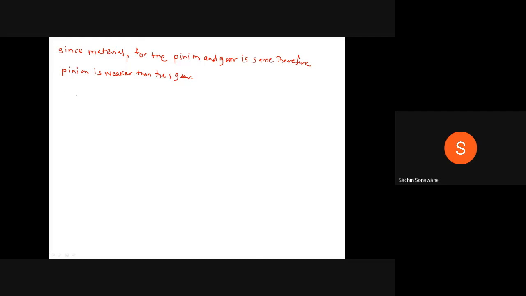Therefore, write down step 1, beam strength. Therefore, write down the equation for beam strength.